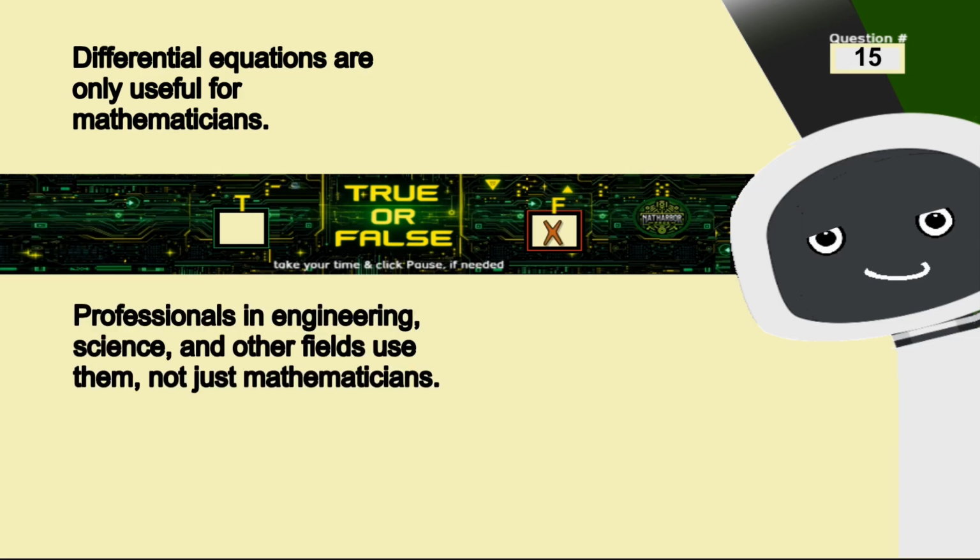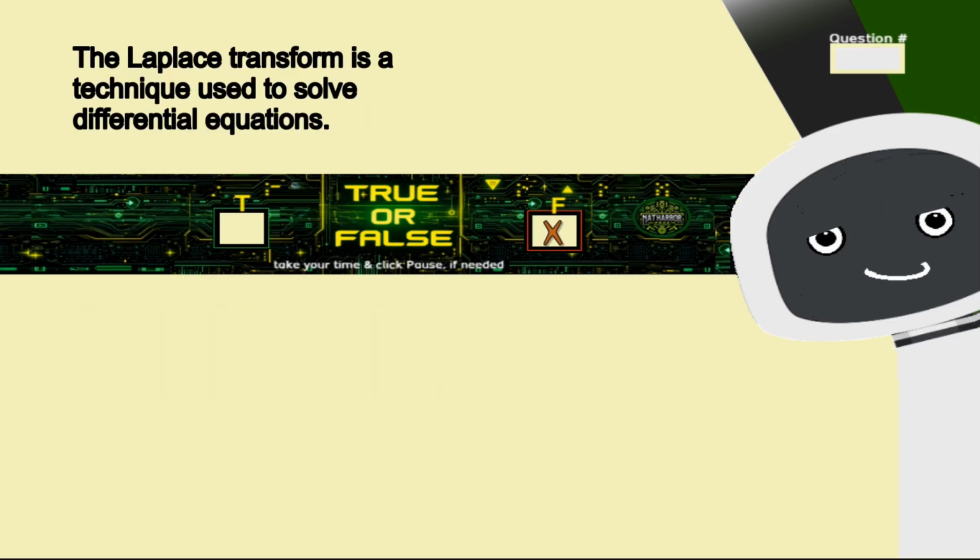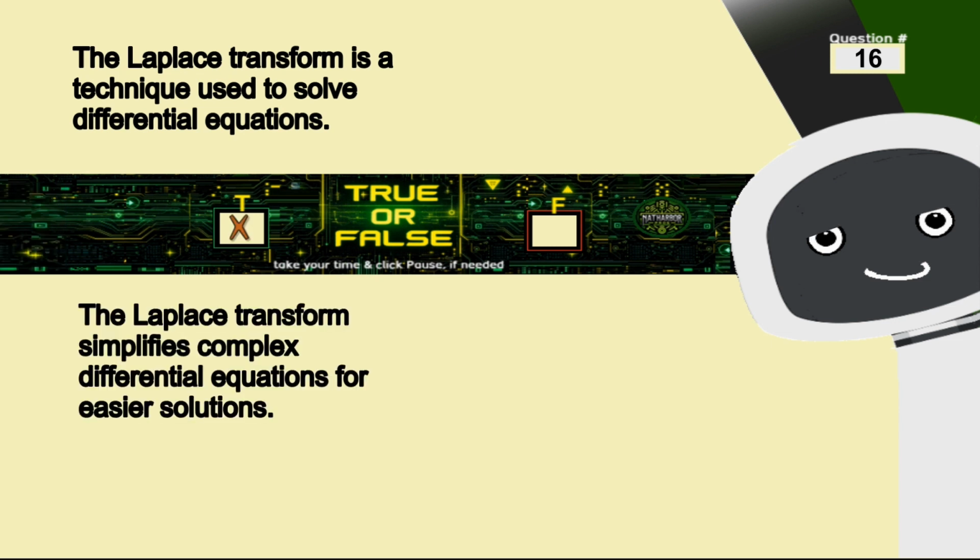Of course, that's false. Professionals in engineering, science, and other fields use them, not just mathematicians. True or false? The Laplace transform is a technique used to solve differential equations. That's true. The Laplace transform simplifies complex differential equations for easier solutions.